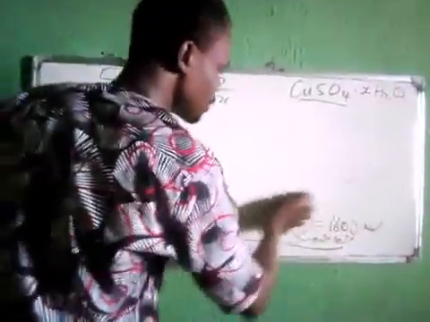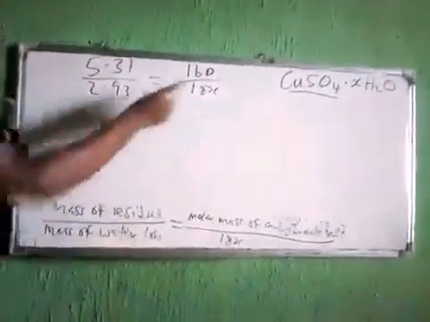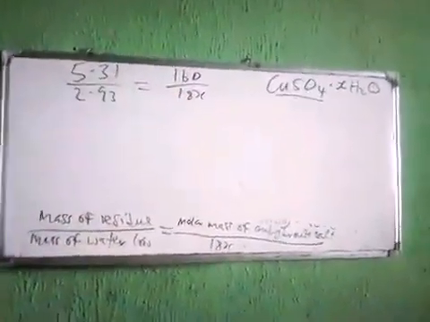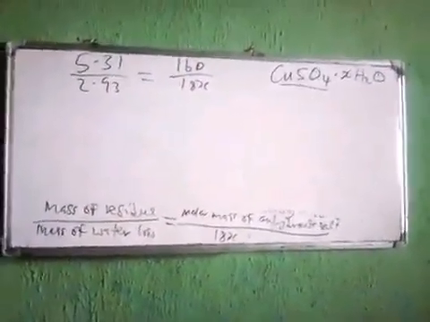Now you have this. Cross multiply and do your normal mathematical solving to get your answer.